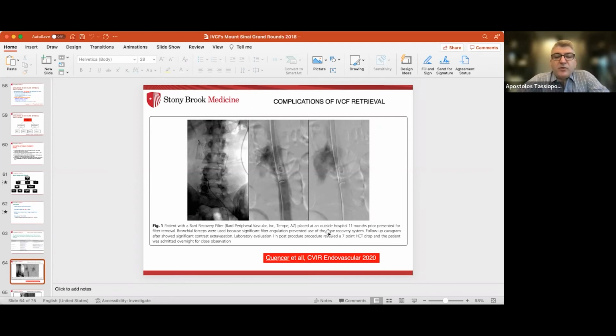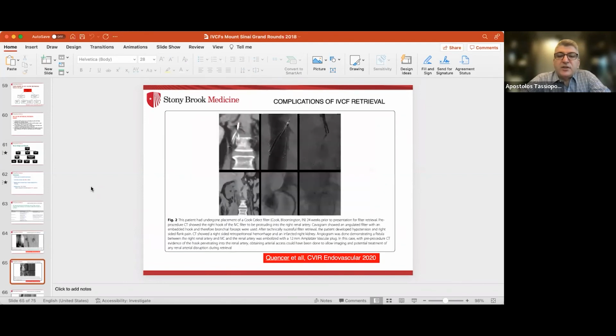And the follow-up cavogram showed significant contrast extravasation. The good news is that even on patients that get this type of extravasation, usually it's self-limited and you don't really need to convert them to open repair, but you need to keep them, follow them, and support them until they stabilize.